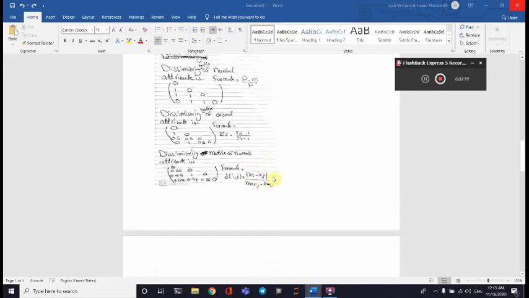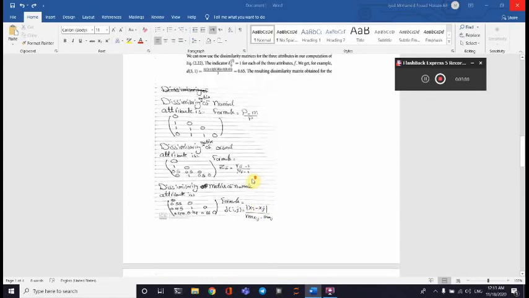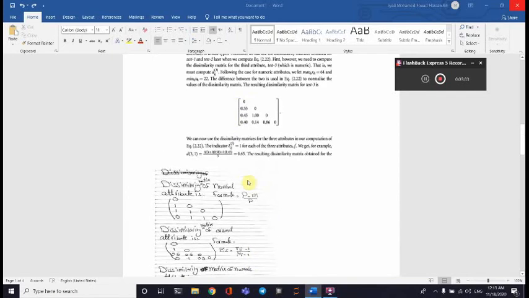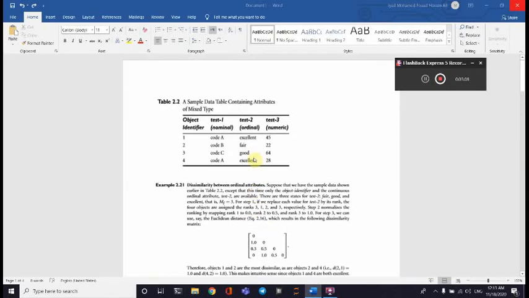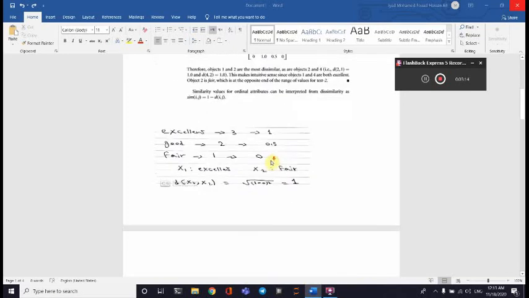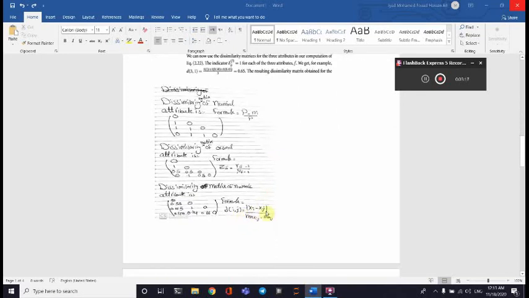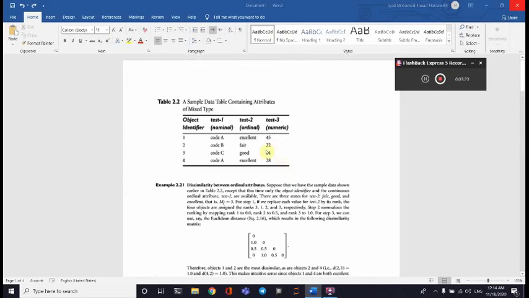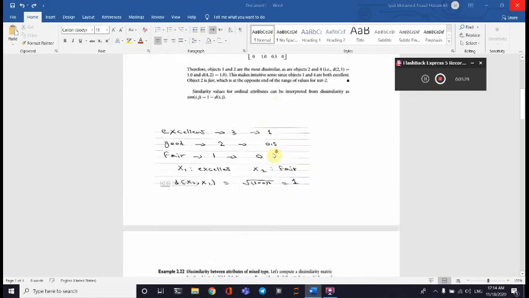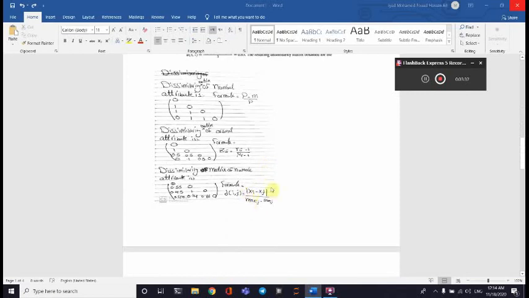So what does that mean? xi and xj are the 2 numbers here in your table, for example 45 and 22, divided by the maximum number, which is 64, minus the minimum number in the table, which is 22. And this is how you get each element in the dissimilarity matrix of the numeric attribute.